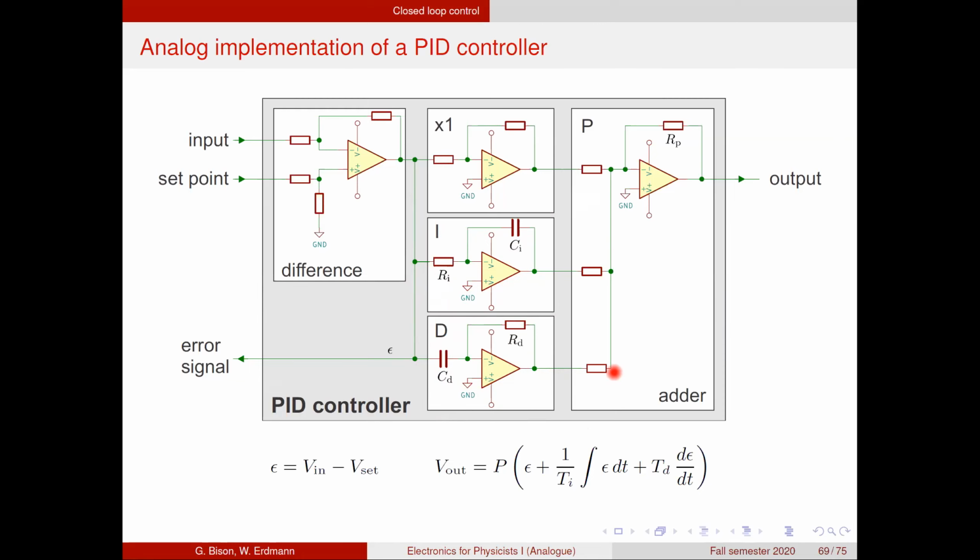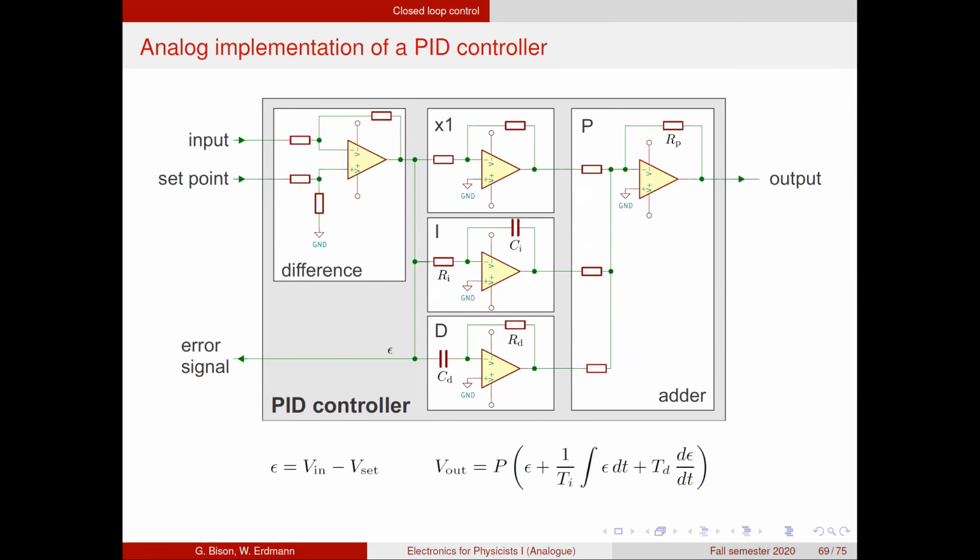And then these outputs here are added in a three-branch adder with the same resistors in each branch, and then one additional resistor in the feedback loop with which you can set an overall gain.